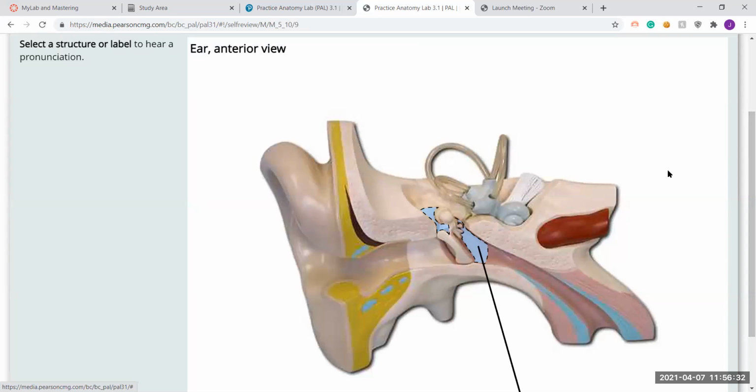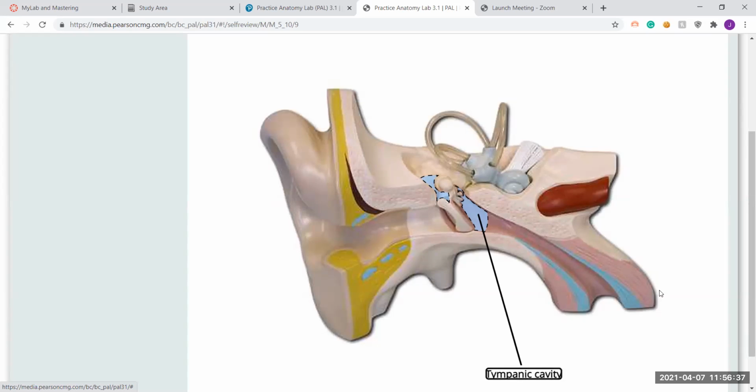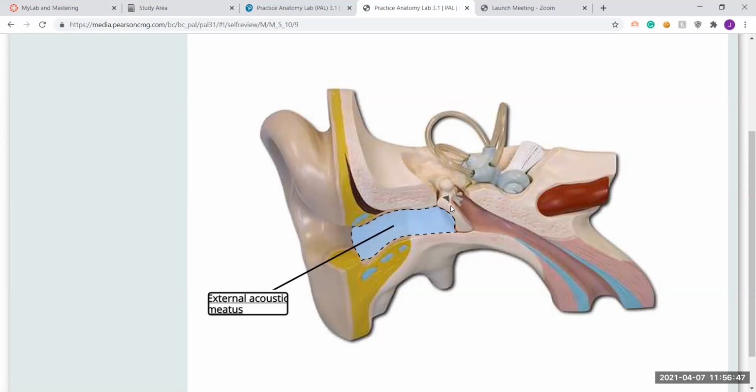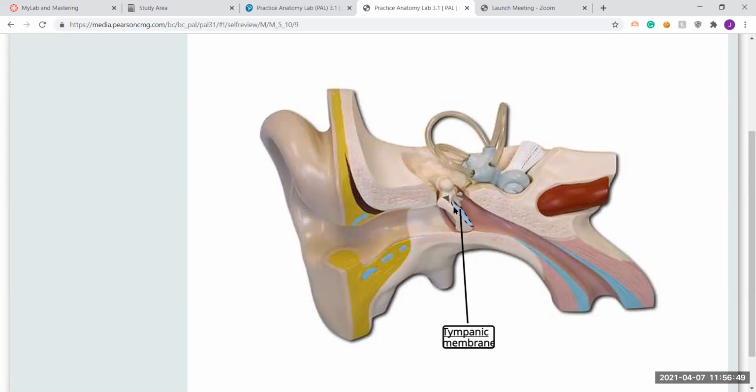Now let's start with the ear. The ear is the organ responsible for hearing and balance. The ear has three parts. Here, this is the tympanic membrane, or we call it the eardrum.